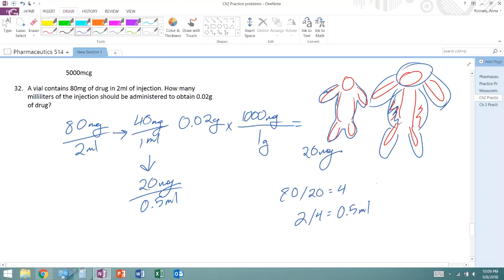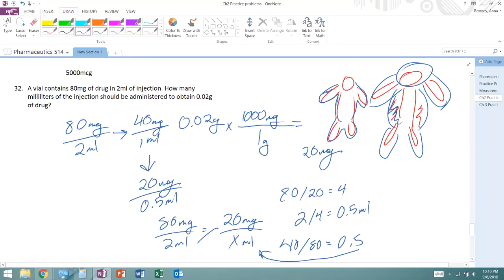Or you can do a ratio: 80 milligrams over 2 milliliters equals 20 milligrams over X milliliters, and then you would multiply these two and then divide. So you'd find 40, and then you would divide by 80, and you would find half, and that would also go there.